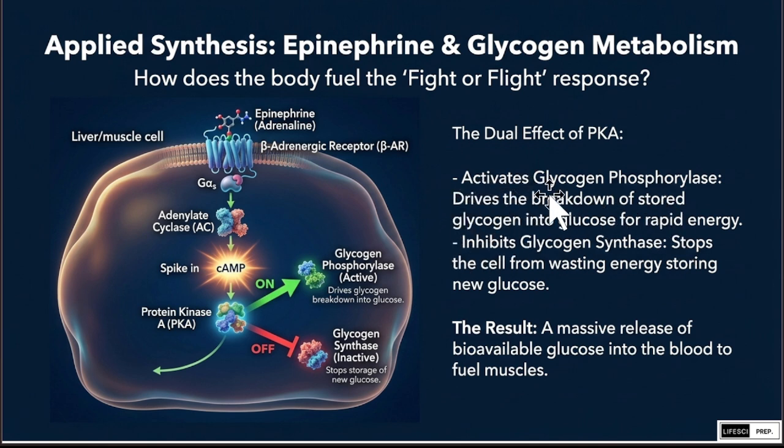Due to activation of glycogen phosphorylase, stored glycogen is broken down into glucose for rapid energy, and inhibition of glycogen synthesis stops the cell from wasting energy on storing the glucose. As we need the glucose for fight or flight, it activates the glycogen phosphorylase.